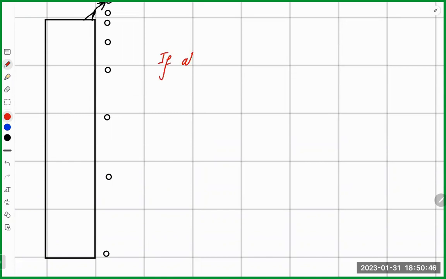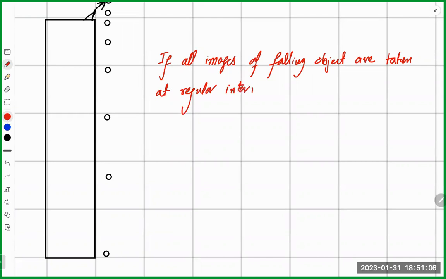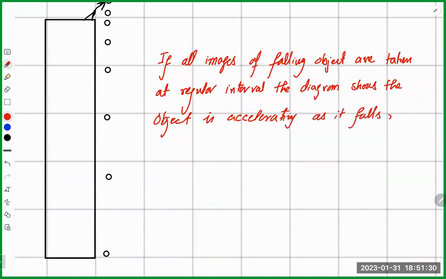If all images of a falling object are taken at regular interval, the diagram shows the object is accelerating as it falls, covering more distance every next interval.